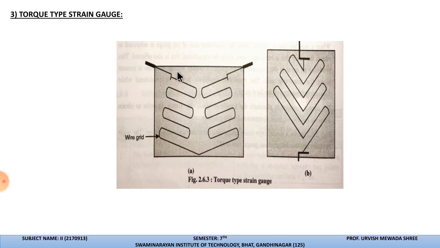Due to such a shape, we can measure the stress applied on this strain gauge in both directions, so it will cover the whole surface, and whenever we apply stress on this, it can measure the stress applied in the longitudinal direction. So this is the torque type strain gauge, and this is again a second shape.